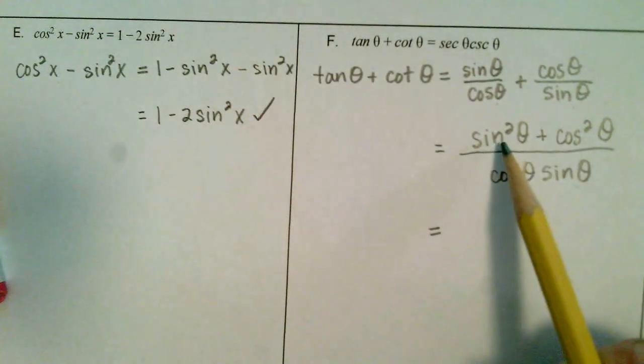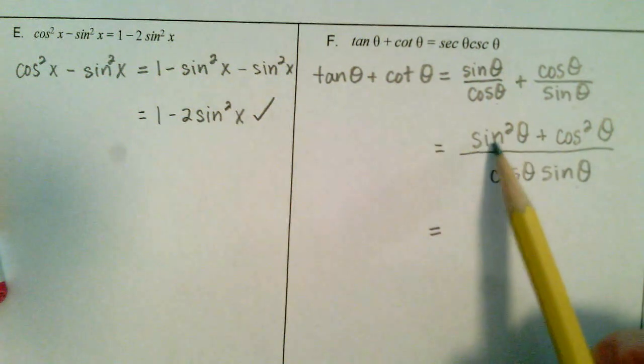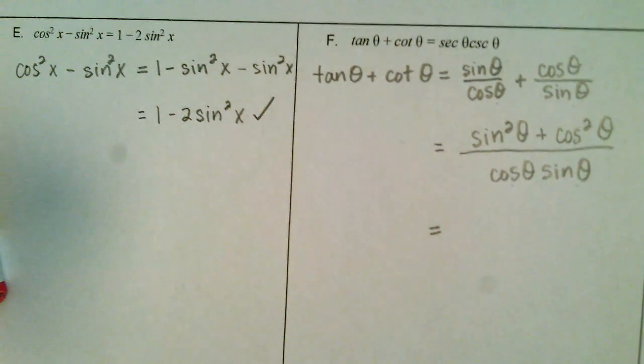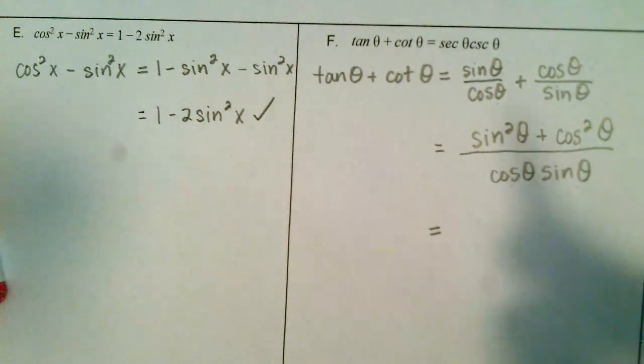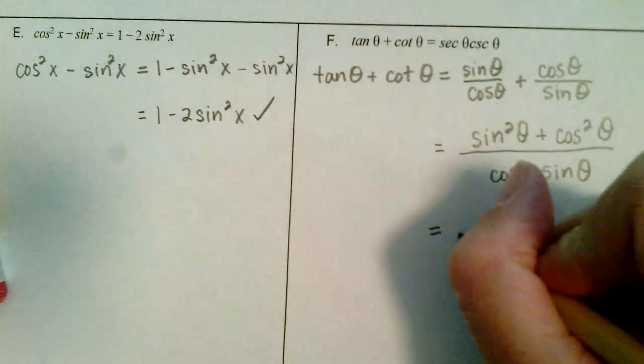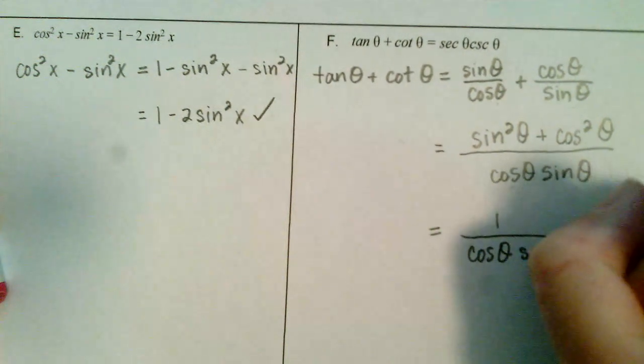Now I notice that sine squared theta plus cosine squared theta, and whenever I have something squared, I'm thinking I'm going to use one of my Pythagorean theorems. I remember that sine squared theta plus cosine squared theta is 1. So I get 1 over cosine theta sine theta.